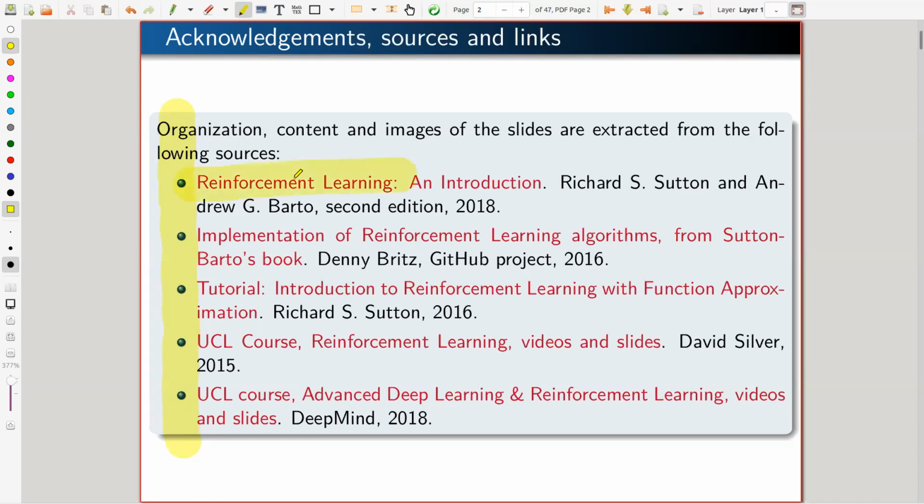This is the textbook, and this is a video course, and these are the first 2 resources that I suggest reading and listening to.